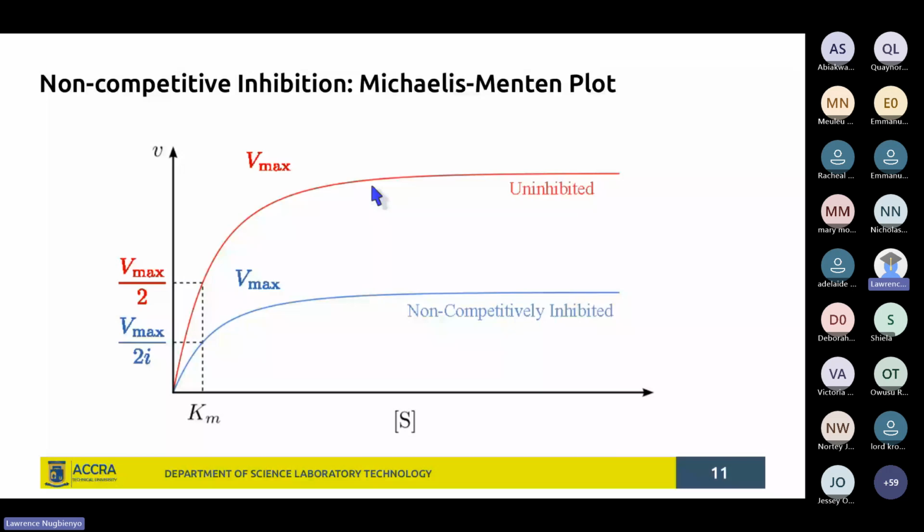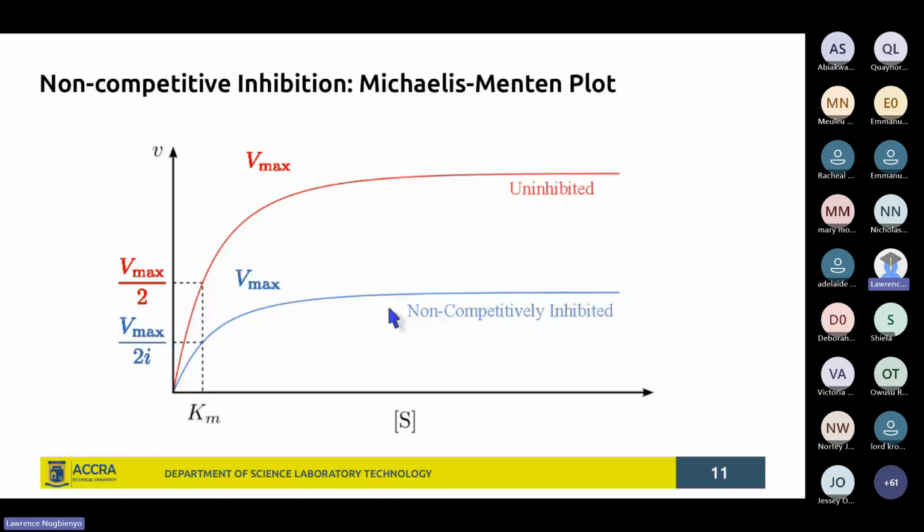It's lowered because this time around, it's not a competition for the active site between the inhibitor and the substrate. So whether you increase the concentration of the substrate or not, that will have no effect on the inhibitor, because the inhibitor has its own site that it is binding to on the enzyme.